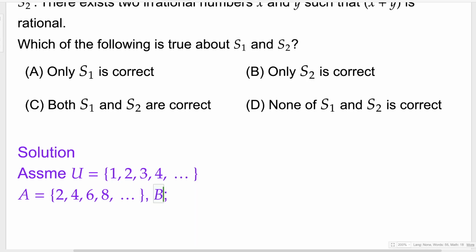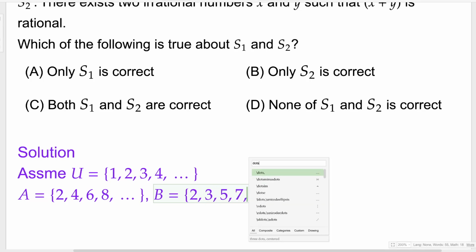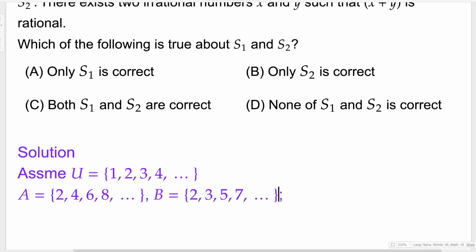For set B, I'll consider the set of primes 2, 3, 5, 7, and it goes on continuously. And for set C, you can make a smart guess that I will be taking the set of odd numbers 1, 3, 5, 7, and so on. So this is my starting assumption.